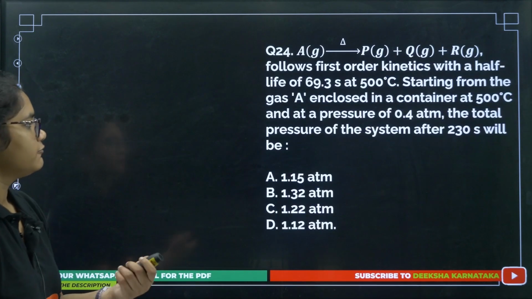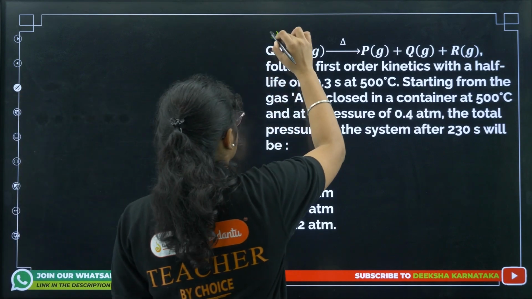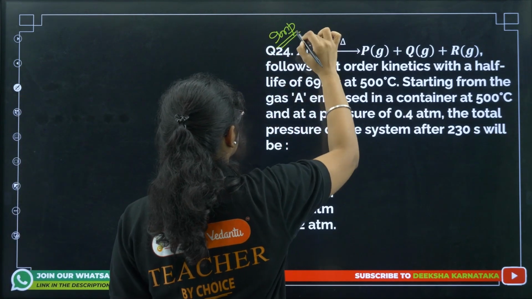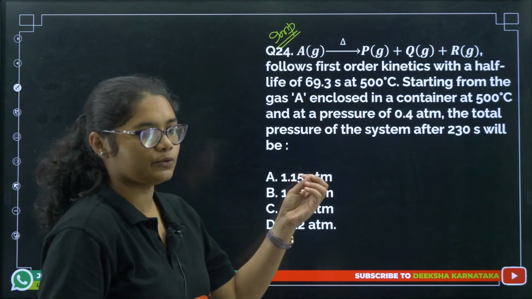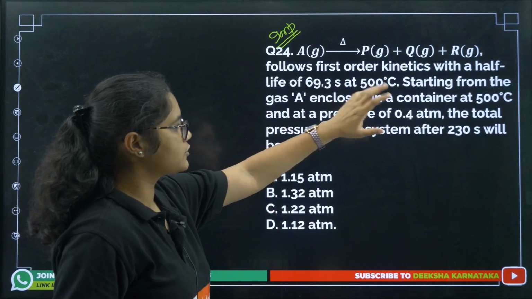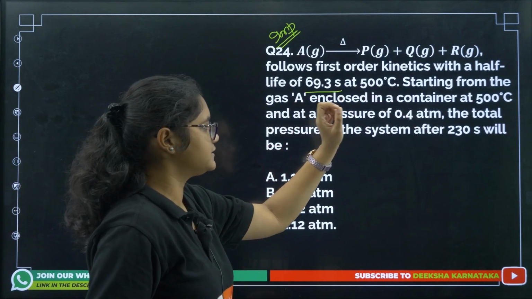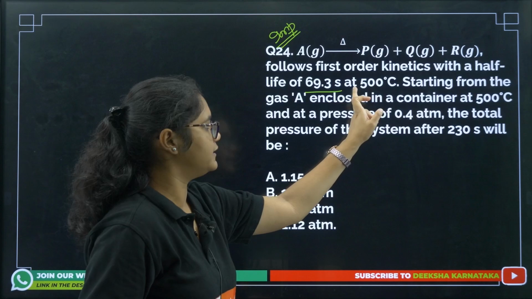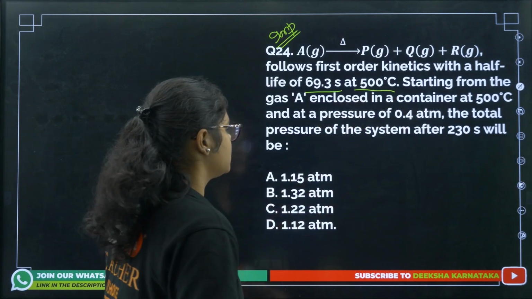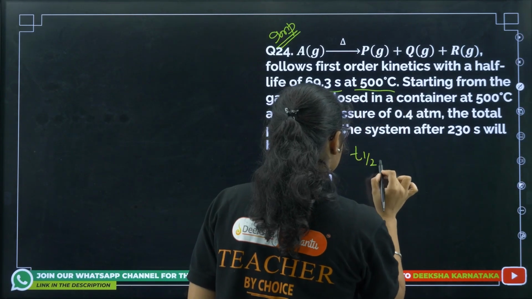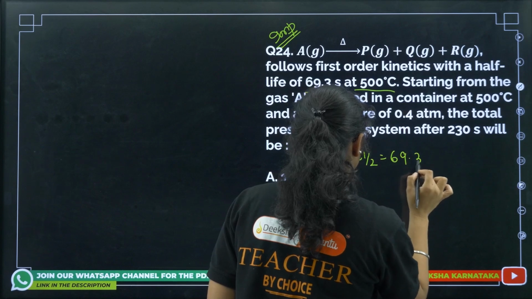Fine. Next question, this is again a very important question. A gas A gives you P, Q and R, following first order kinetics with a half-life of 69.3 seconds at 500 degrees Celsius. So what is the t half value given here? 69.3 seconds.